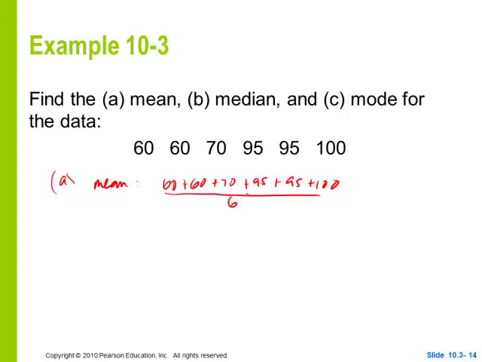But since the graphing calculators aren't part of it, I won't go through showing you that. Scientific is enough for this class, so this is what you would do. Add these up, divide by how many you have. You don't have the total yet? 80 is the answer. So that makes the total 480.